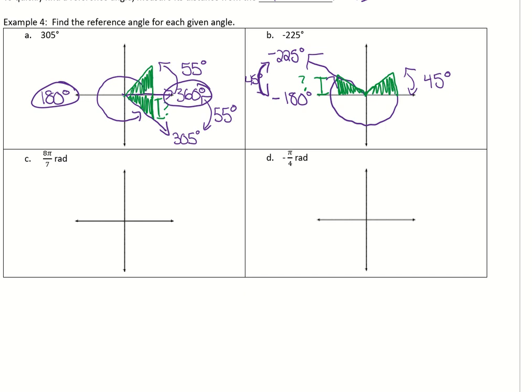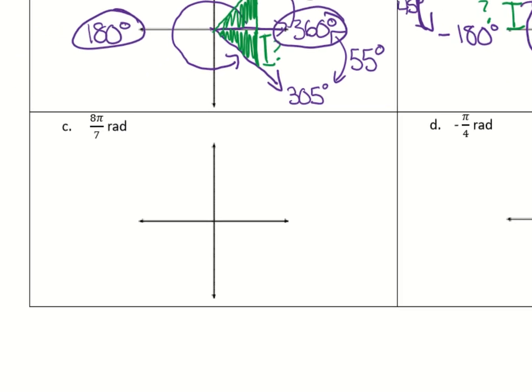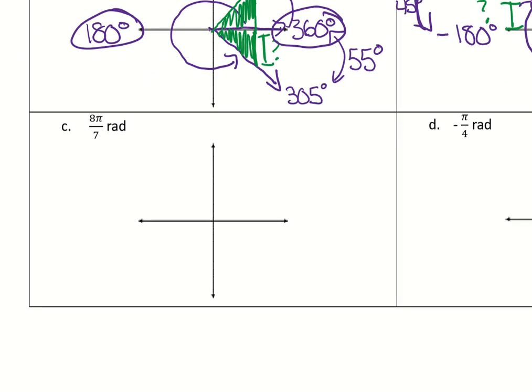All right, these last two are in radians, and then you're done. So this one right here is 8 pi over 7 radians. So we know that 7 pi over 7 radians is the same thing as pi. So we know that this is 7 pi over 7 radians. So another 1/7 of a pi is going to be right here.